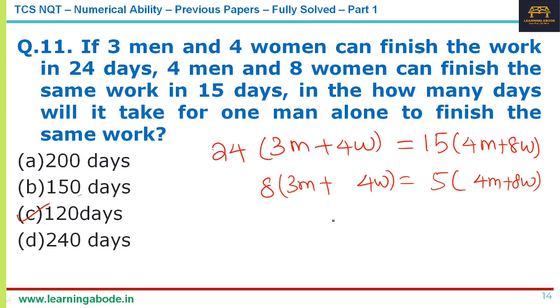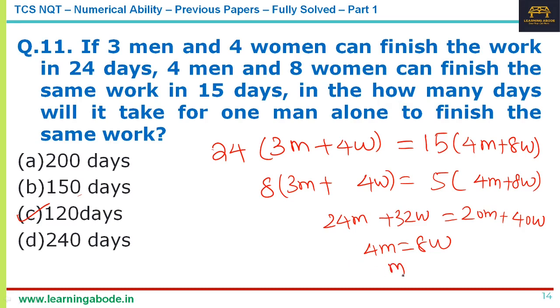Okay, so if you just multiply it inside, you have 24m plus 32w is equal to 20m plus 40w. Okay. So if you bring m on one side and w on the other side, you get 8m equal to 8w. I'm sorry, 4m equal to 8w. And so the men and women, they are in the ratio like 8 by 4, which is like 2 is to 1.